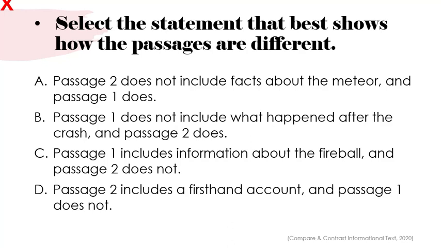D. Passage 2 includes a first-hand account, and Passage 1 does not. Take a moment. If you selected D, you are correct. Passage 2 includes a first-hand account, and Passage 1 does not. That means Passage 2 uses the pronoun I.